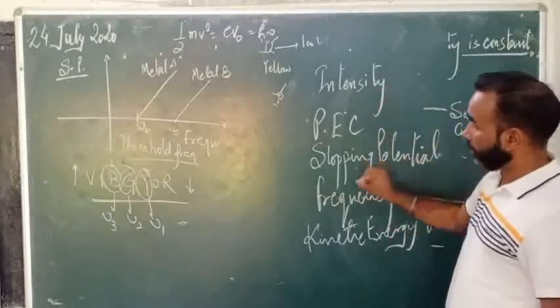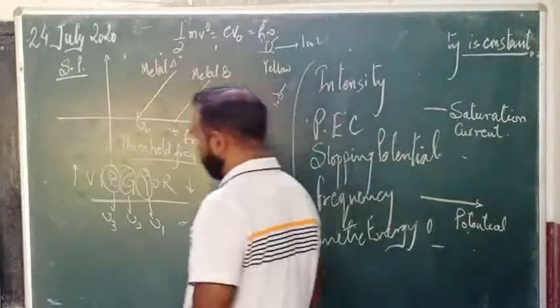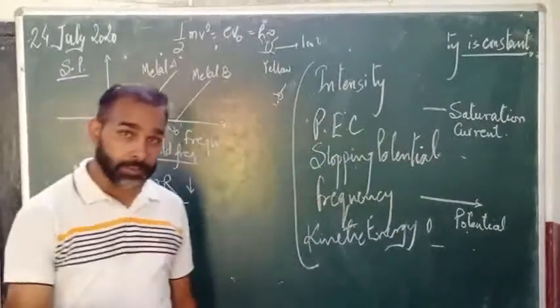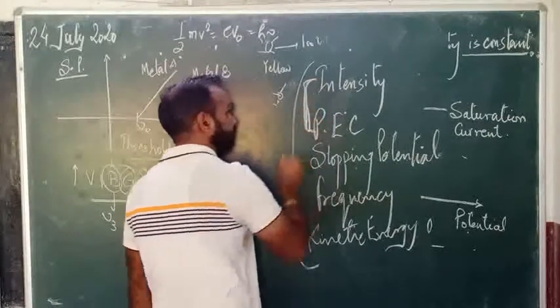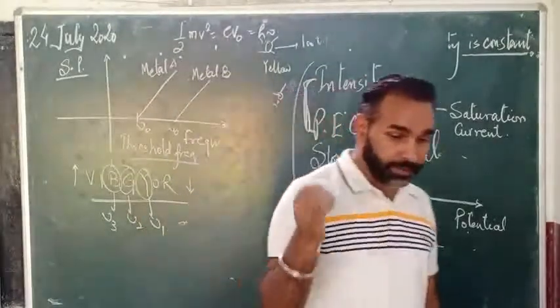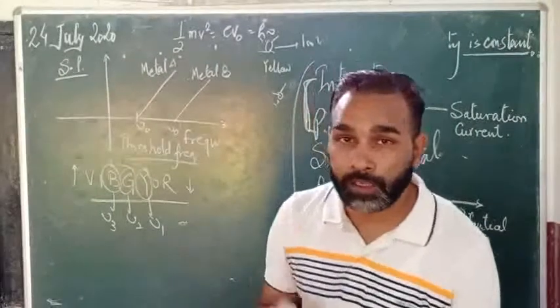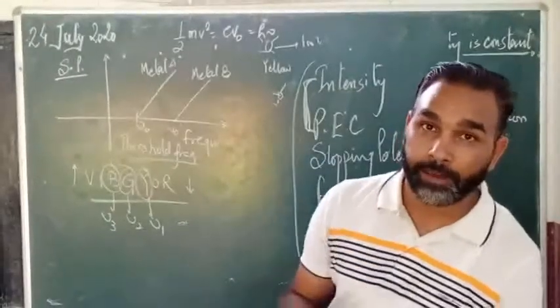Okay, so 1, 2, 3, 4, 5 things you studied through these graphs. Now the relation between them. Intensity and photoelectric current, from the first observation we conclude that they are interrelated.